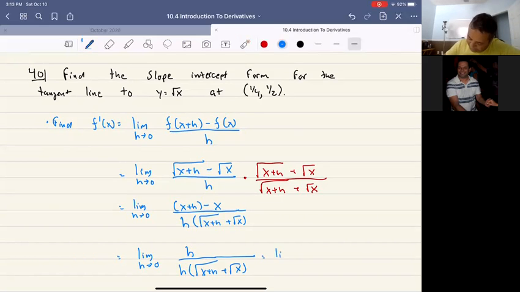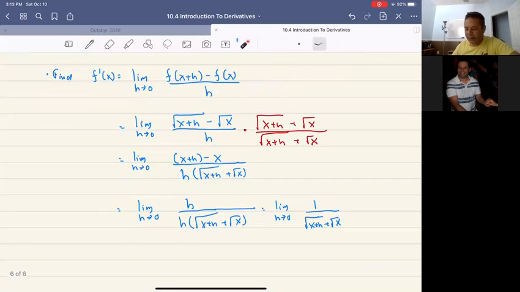So we get the limit as h goes to 0 of 1 over square root of x plus h plus square root of x. Now, when h goes to 0, we're going to get square root of x plus square root of x.